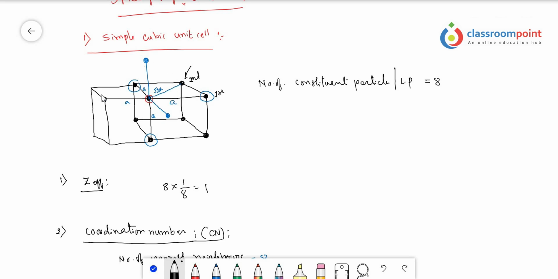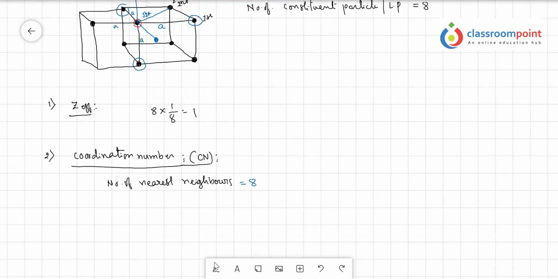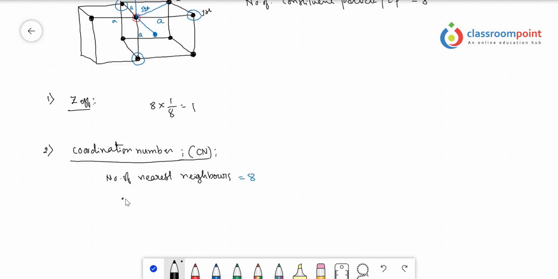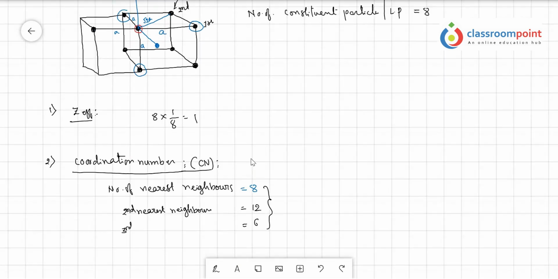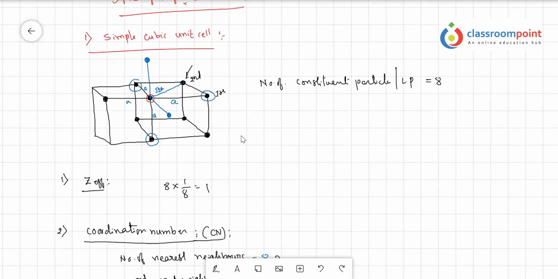If you develop like this, you will get 12 second nearest neighbors. Again, third nearest neighbors, if you calculate, you will get 8. In this way we can count the nearest neighbors or the coordination number.